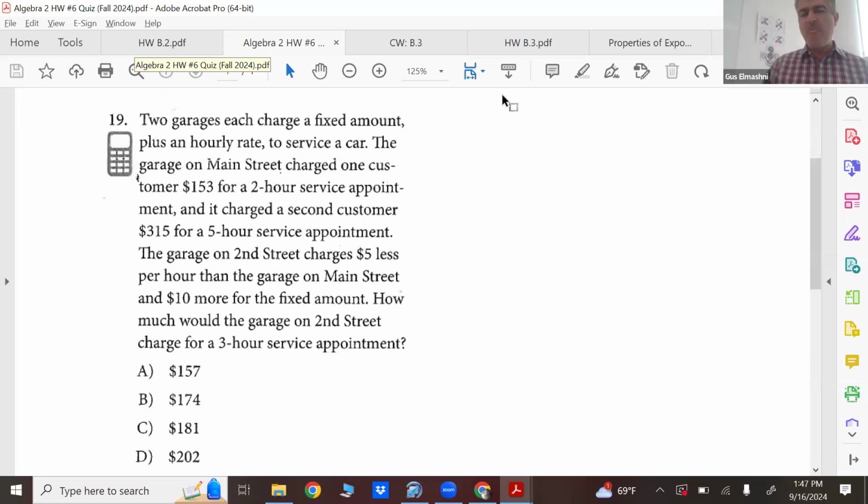Not necessarily. This is from an old SAT. Not necessarily. Calculator is good for calculating the slope, I'd say that.